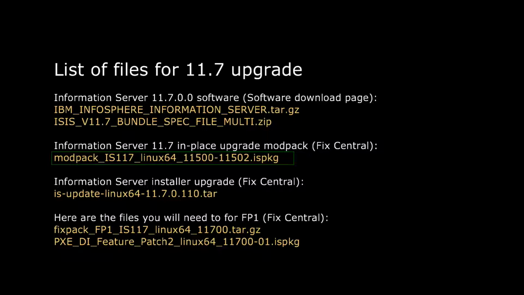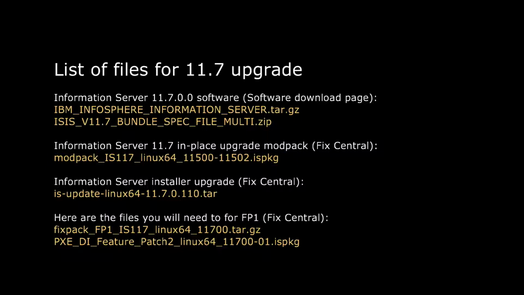During that process of setting up the installer to use this mod pack, it will also ask you for the location of the core 11.7 software installation files. So that's why the software installation files, which are zipped up as IBM Information Server tar.gz, those two files are needed.